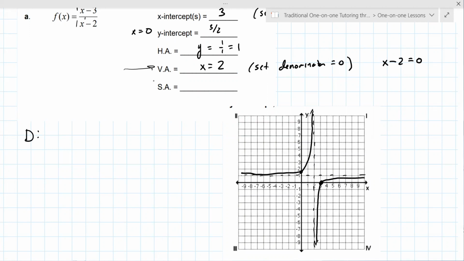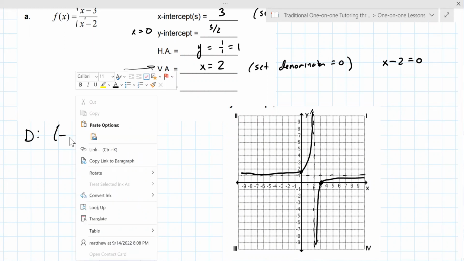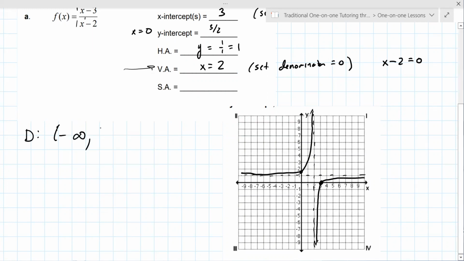So anywhere you see a vertical asymptote or a hole. Now when you have a nice polynomial like you had in your quiz, no issues there. But this is minus infinity to 2 union 2 to infinity.